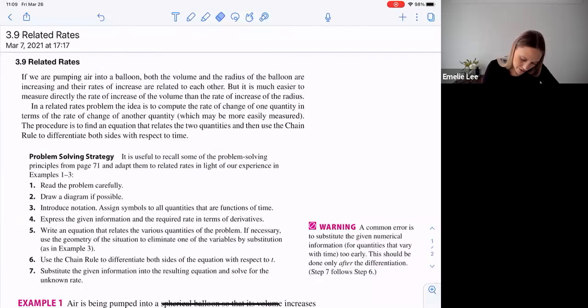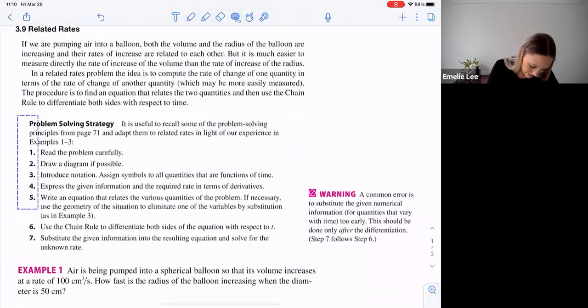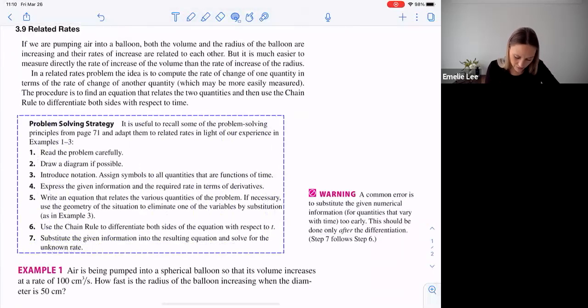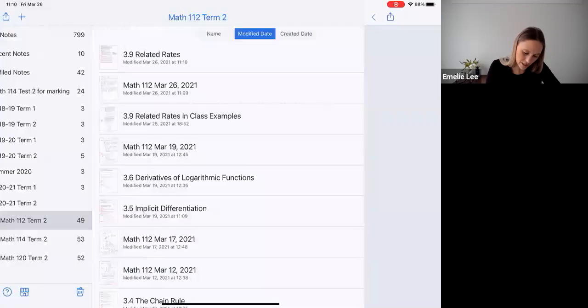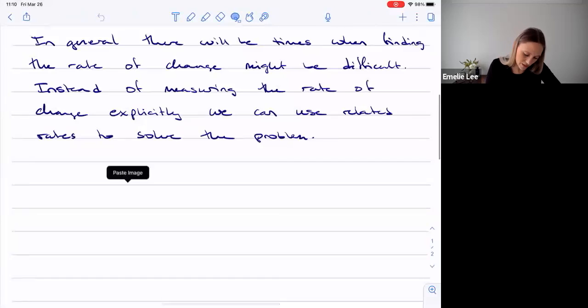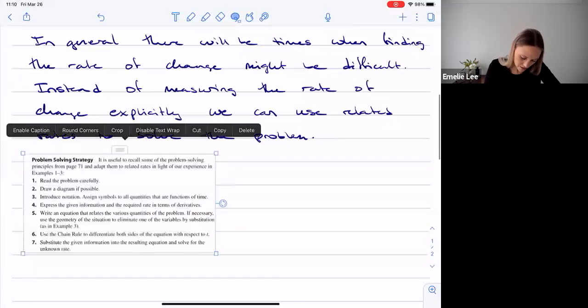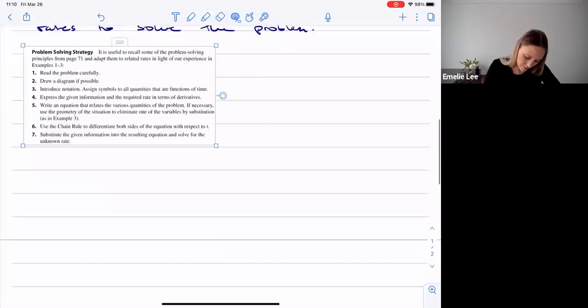All right, so the handout does have a little blurb, but I want to talk about this problem-solving strategy. Some of it sounds a little wishy-washy, but we'll talk about it.